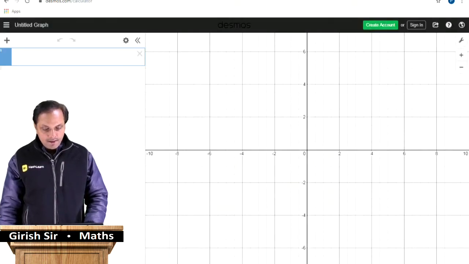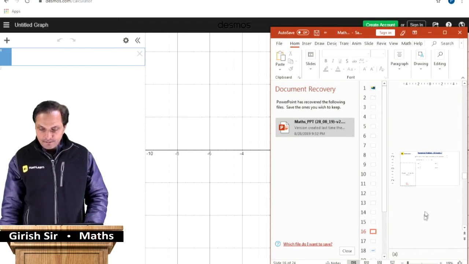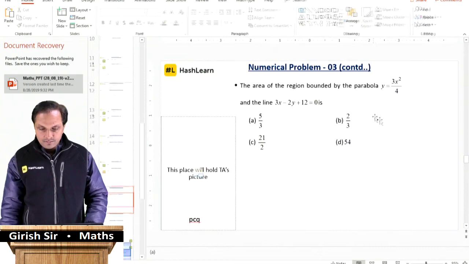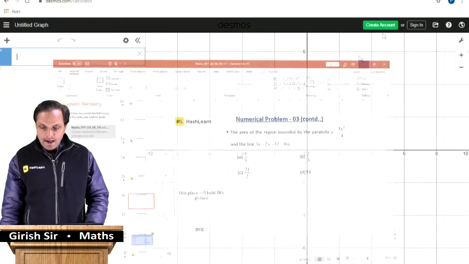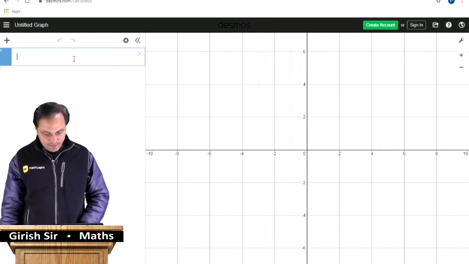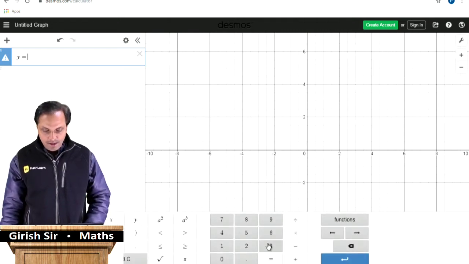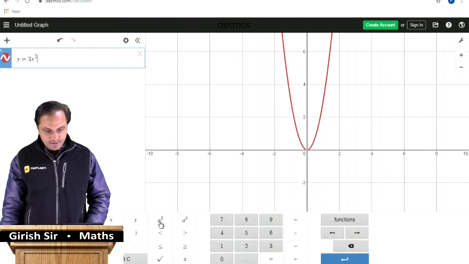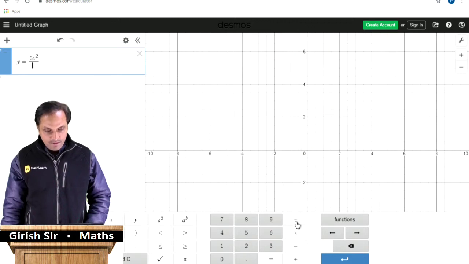So we had a curve as y is equal to 3x square whole divided by 4.